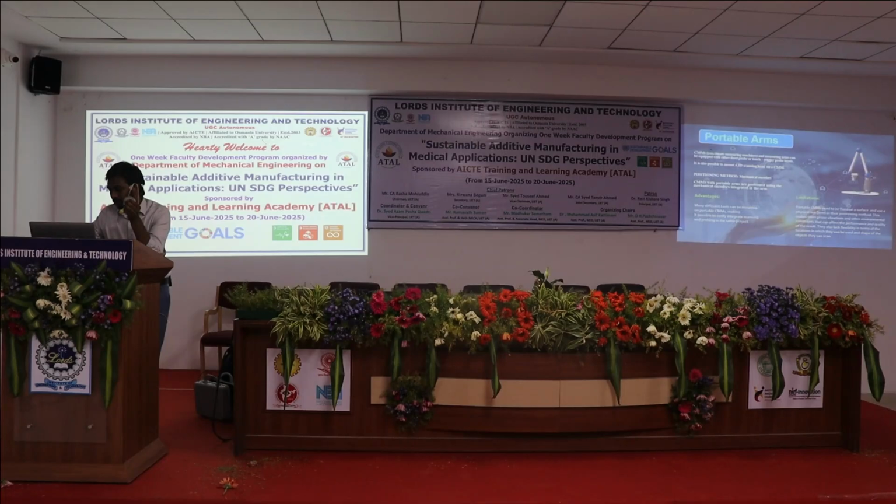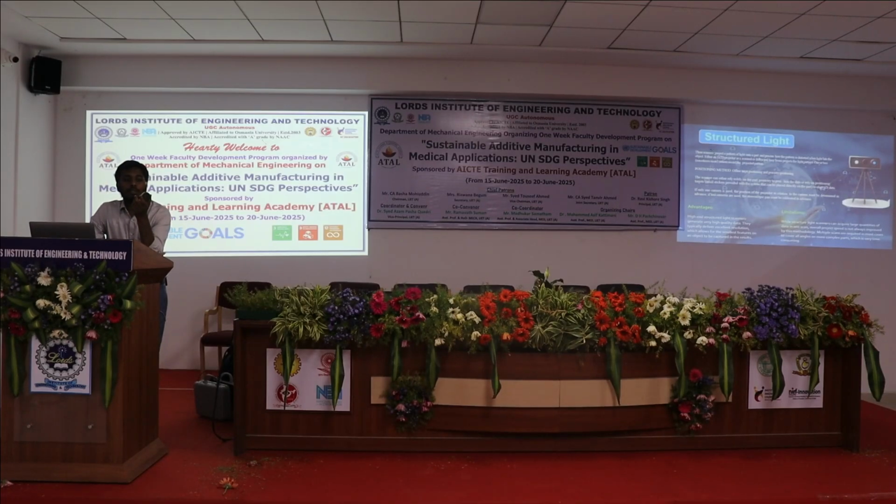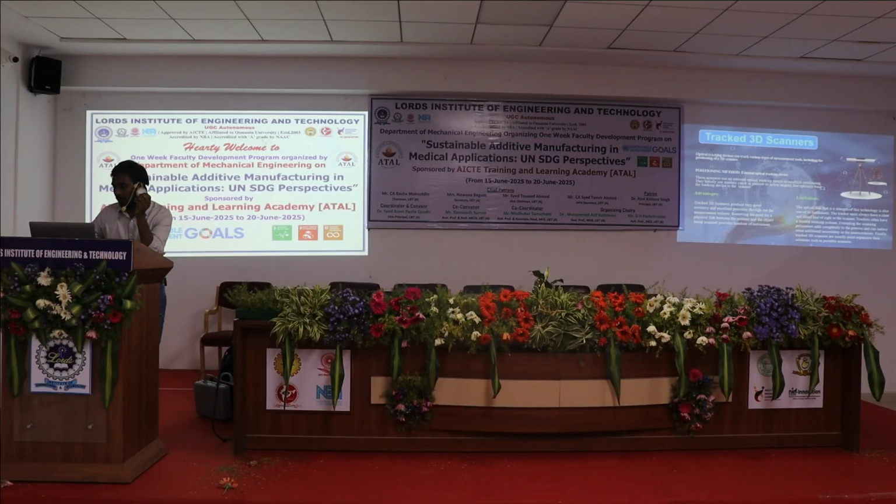Which one is this? This one uses structured light and comes with 5 to 10 microns accuracy in dimensions. These tripod scanners are used for big components like ships, aeroplanes, helicopters.